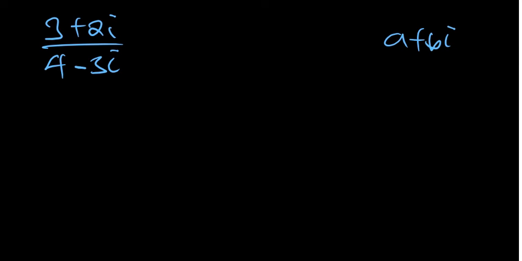What I have to do is just conjugate the denominator. As simple as that. So what I'm going to do now, guys, is multiply both the numerator and denominator with 4 plus 3i. Even here 4 plus 3i. Now there is a simple way on how you can simplify this.